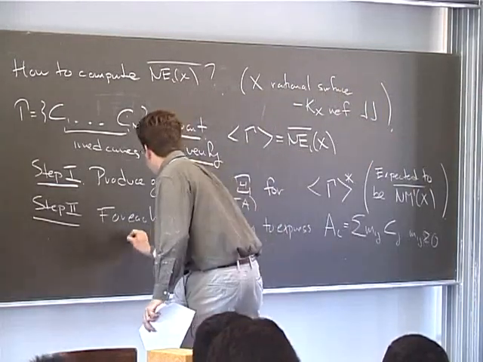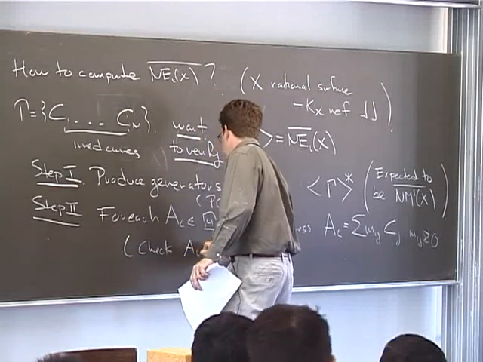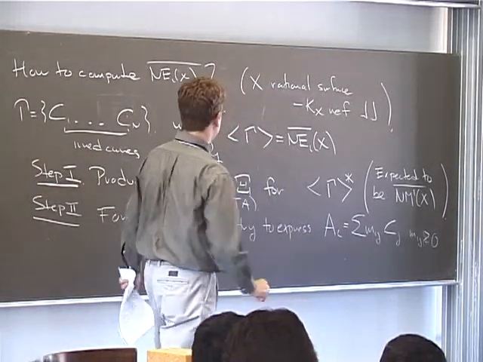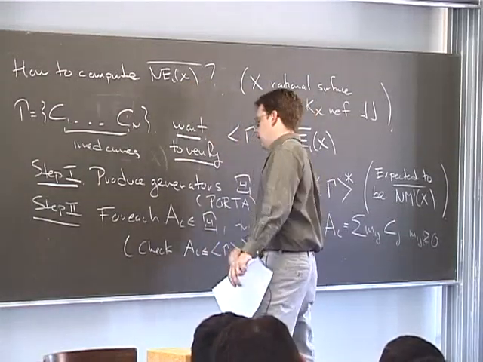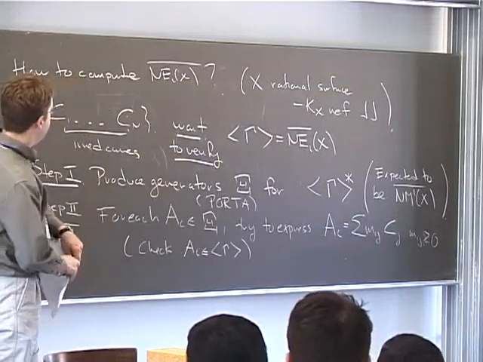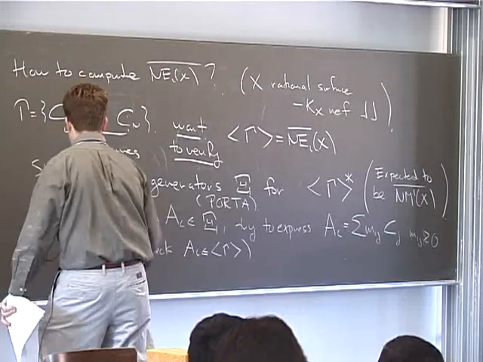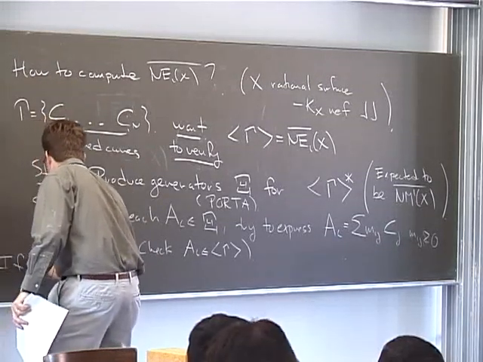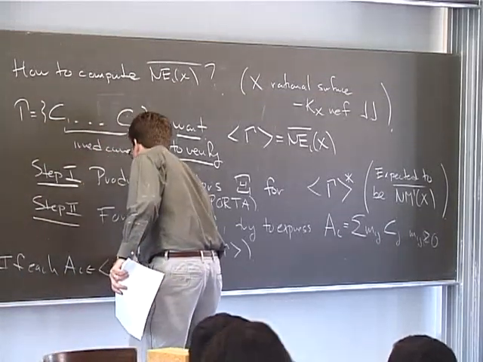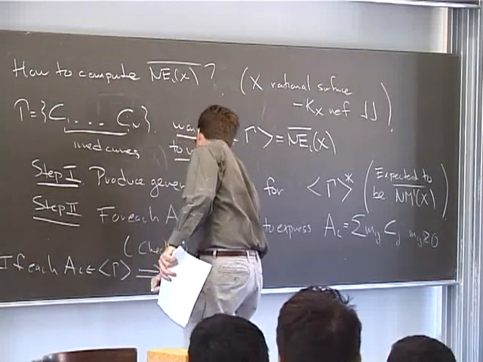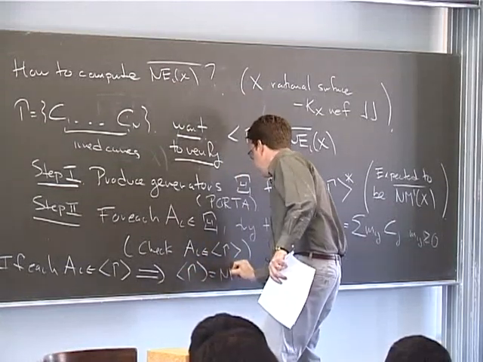Another way of saying this is, you want to check that the AIs are actually contained in the cone generated by gamma. Now, if we can do this, so if each AI is actually contained in the cone generated by gamma, it follows that gamma is equal to the effective cone.